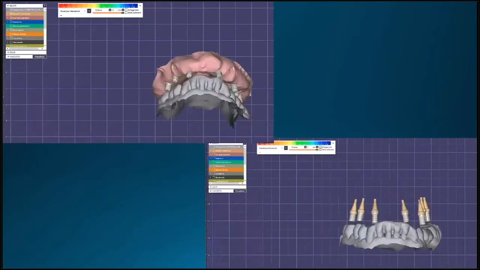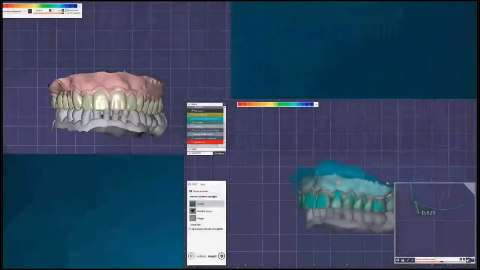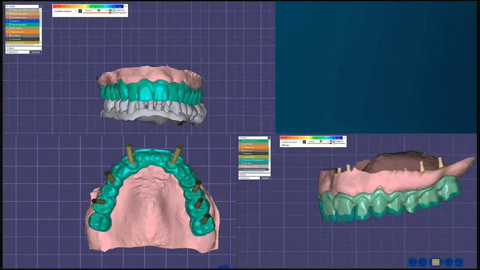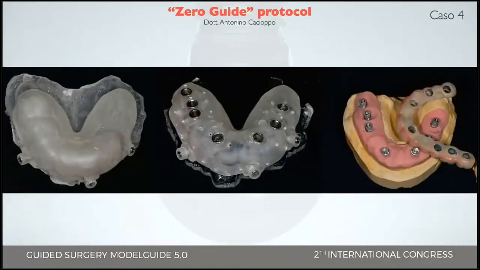Virtual extractions before surgery, virtual abutments. These are multi-unit abutments, and virtual workshop of the provisionals. We print the provisional, of course the outer side of the provisional. On the inner side we had some metal.